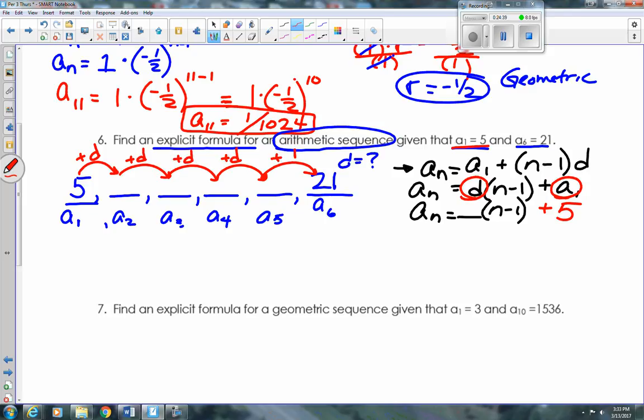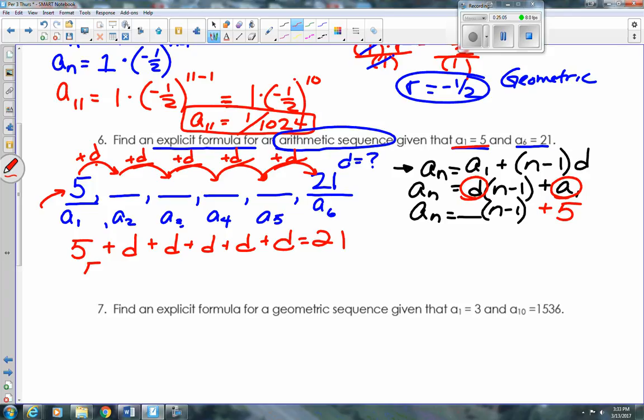I can use this to figure out what d is if I say, starting with 5, adding d, plus another d, plus a third d, plus a fourth d, plus a fifth d, and I get to 21.